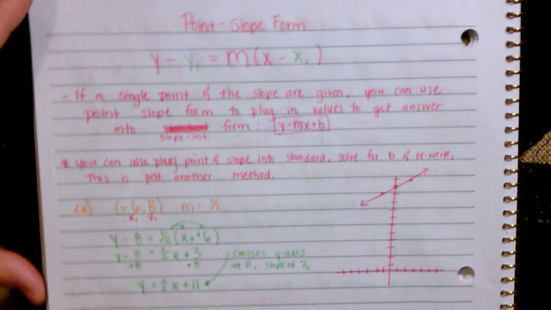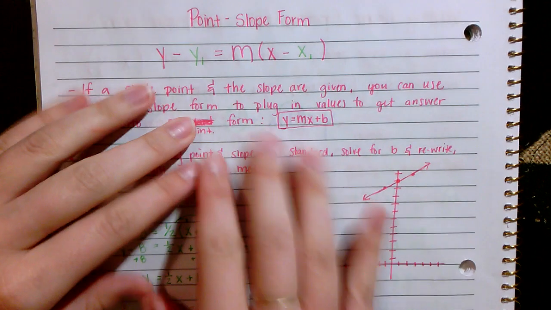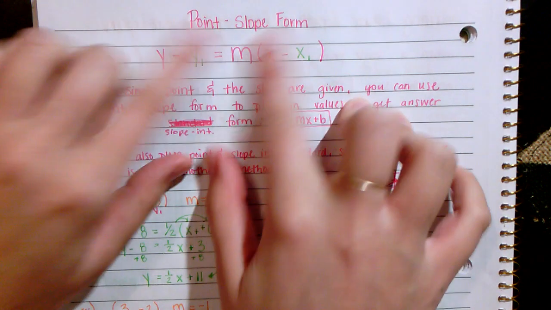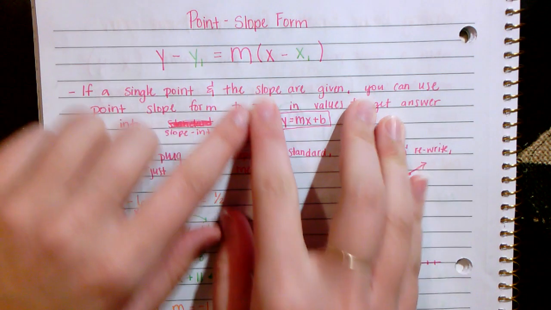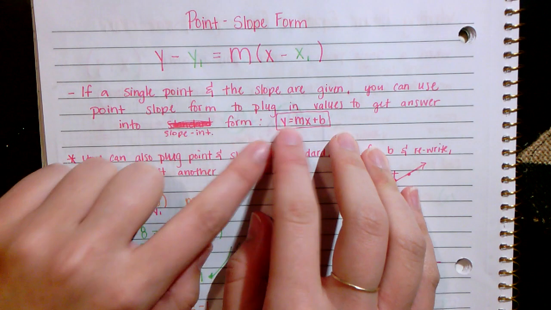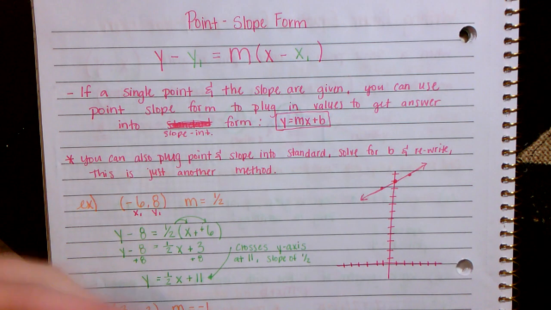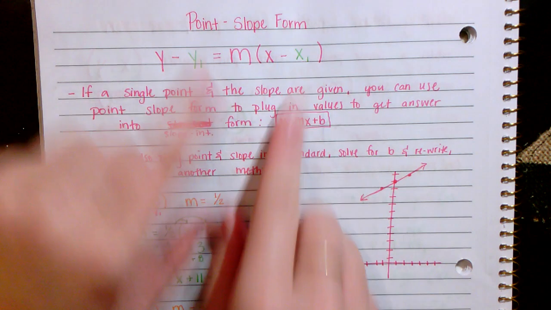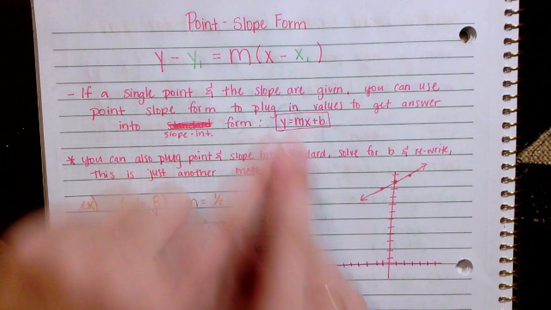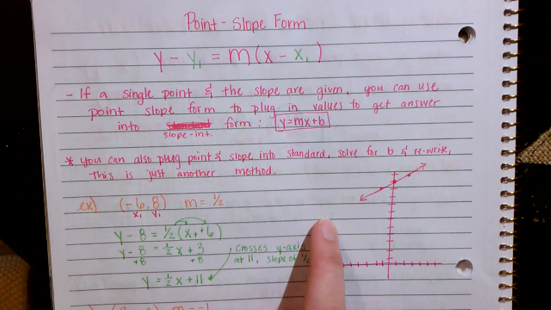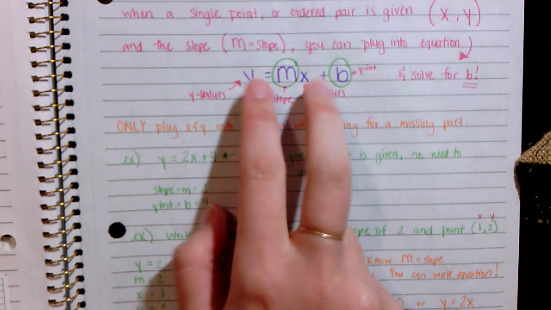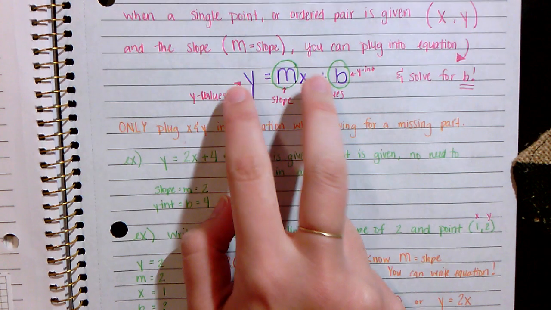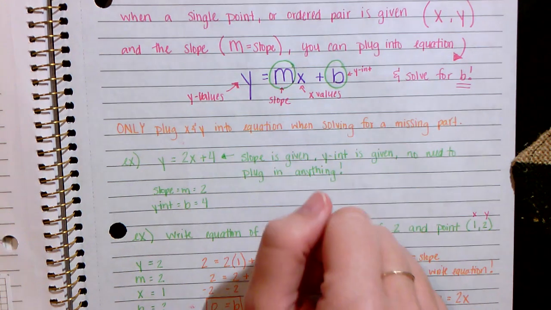The last thing that we talked about was point slope form, which is just another form you can use to get your equation into slope intercept form. You can take a point and a slope and plug it in here and get your slope intercept form so you know how to graph it, or you can plug your point and your slope into the slope intercept form itself and solve for b.